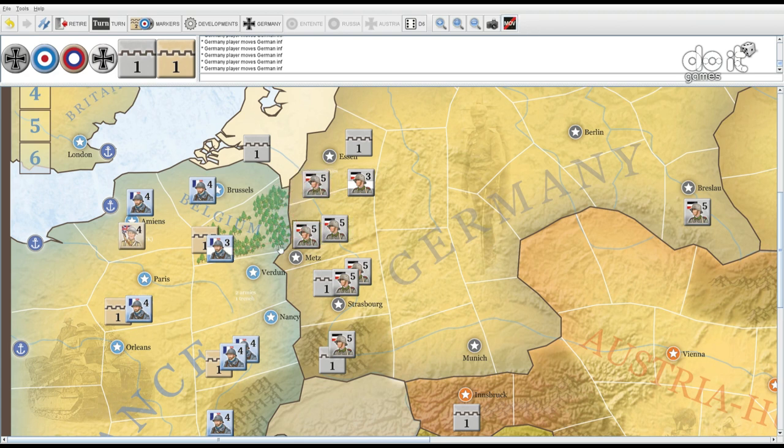Okay, imagine at the beginning of the turn this is the situation, and the Germans do the activation action. So he activates this army. See that this army doesn't need to move because they are already in the area where the defender is. So the German player activates this army to attack.